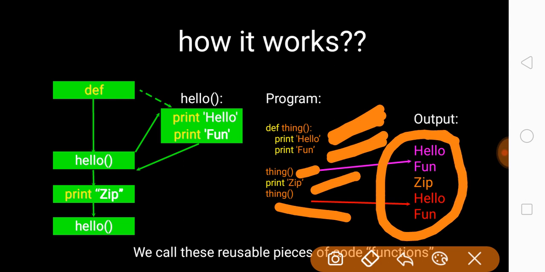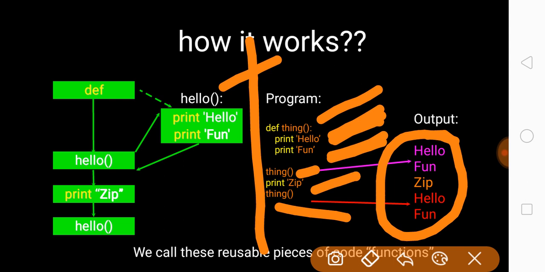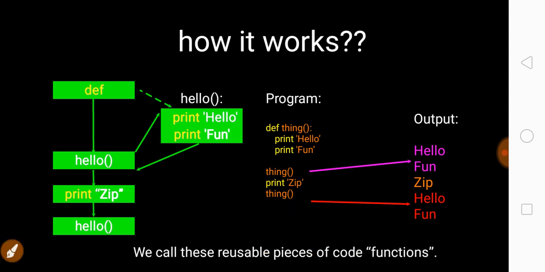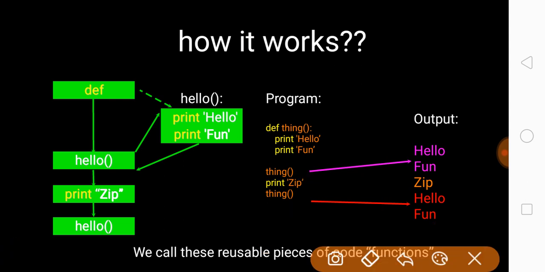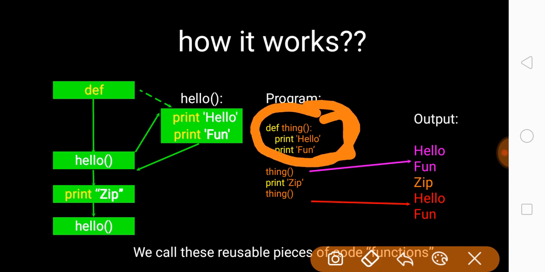Over here in this slide I have used two examples, one the function thing and the second the function hello. First let's see the function thing again. In the function thing I have used two lines, print hello and fun, and this is a separate block I have defined anywhere in the program.